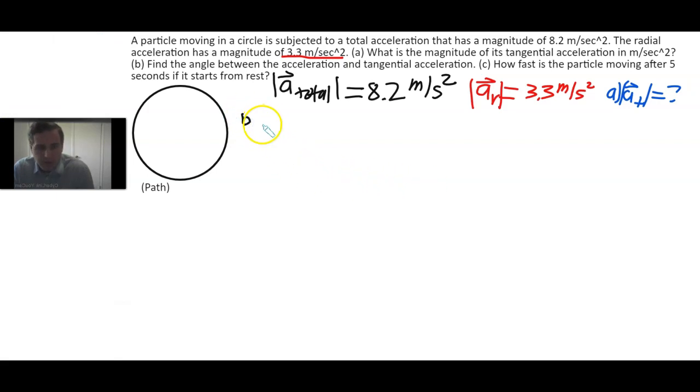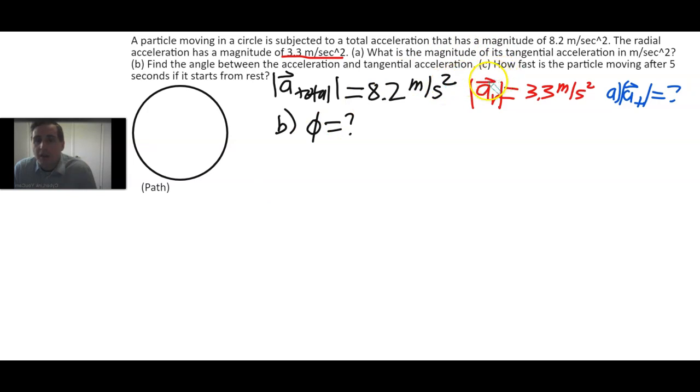Let's call this angle phi. Phi is usually a good symbol to use when you're looking at the relative angle between two vectors, sort of the smallest angle between them.